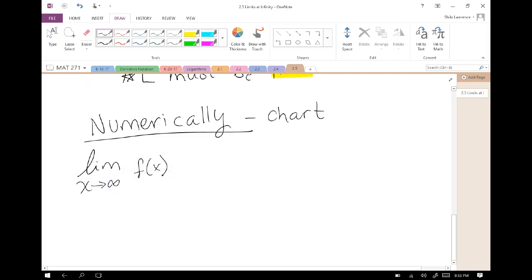And the limit as x approaches negative infinity, you can only approach it from above. We don't write the little plus and minus next to it. It's just understood that these are one-sided limits, just because of the nature of the x values that we're trying to approach.